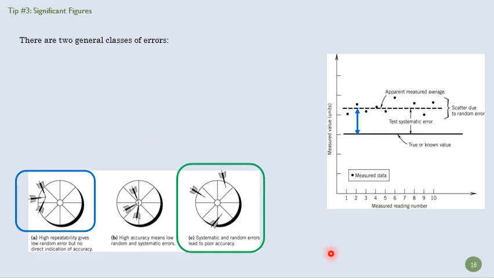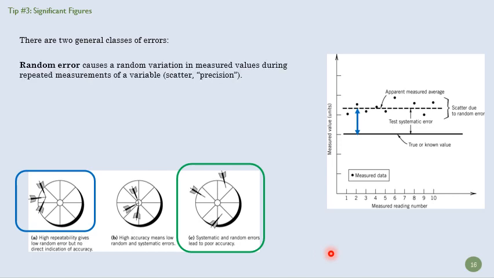Significant figures really is a question of error and uncertainty. So when we take a measured value, let's say I'm trying to measure how high I can throw a baseball, we're going to get different values along the way.